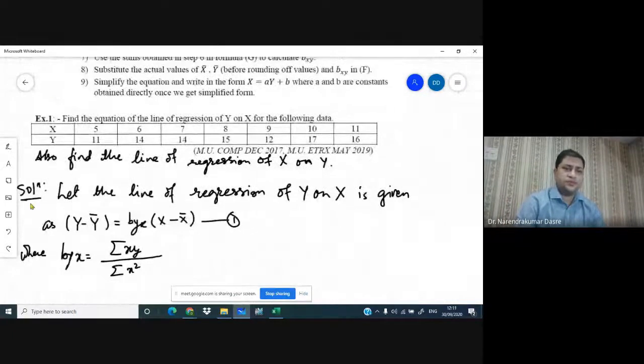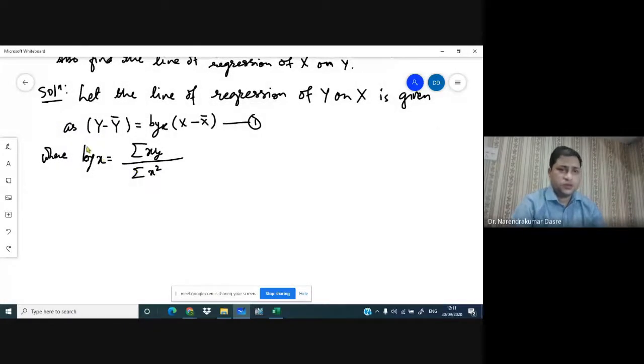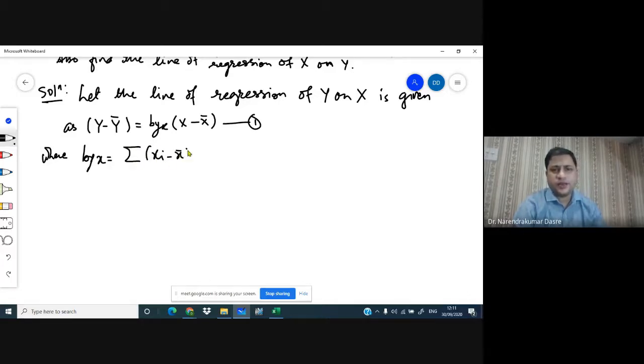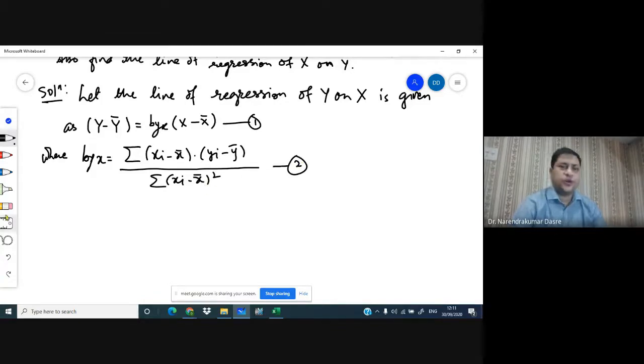Or if you don't want to write this directly, you can write the formula as summation xi minus x bar into yi minus y bar upon summation xi minus x bar whole square. This is equation 2.